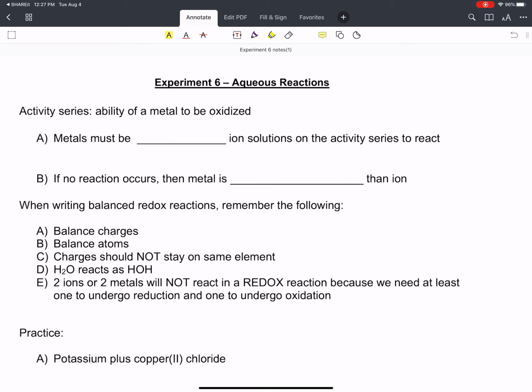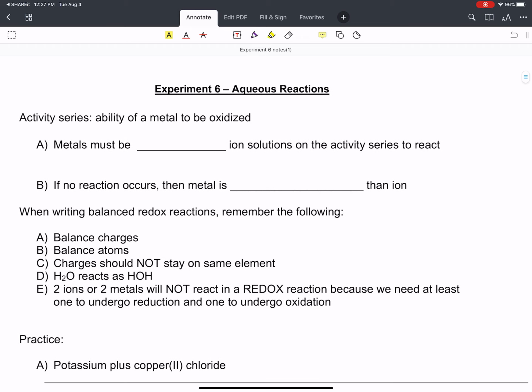One thing that's sort of a new idea in Experiment 6 is using the activity series. The activity series tells us the ability of a metal to be oxidized. When we're using the activity series, which can be found in your lab manual on the second page of Experiment 6, we have to think about how we use it.